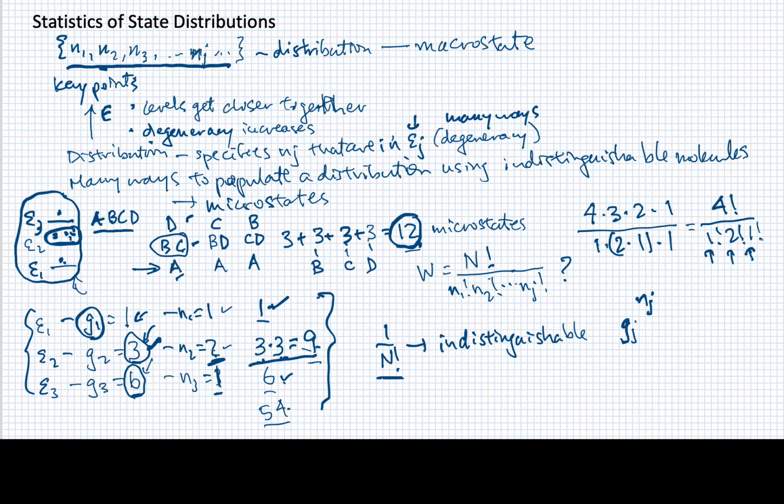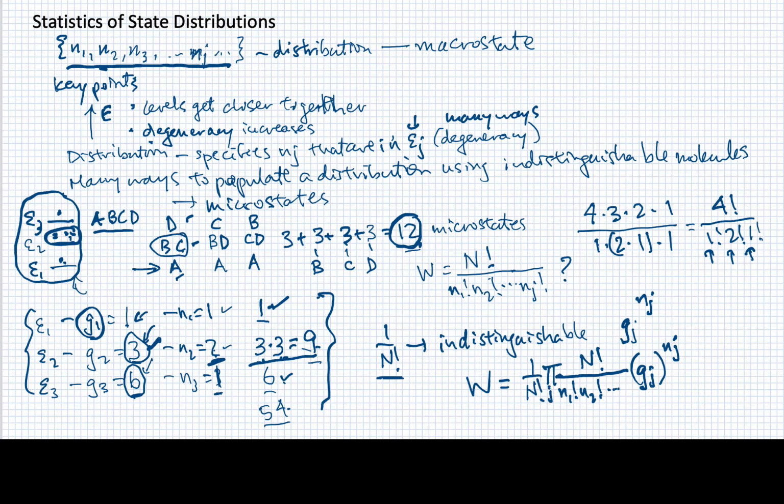So in fact, my total number of microstates at any given point is going to be, I'm going to correct for indistinguishability here, and it's going to be now my n factorial over n1 factorial, n2 factorial, and so forth. And it's going to be times the degeneracy of each of these levels raised to the power of the number of molecules in it. So in fact, I've got to multiply by all of these, so I really should have a product sign in here telling me that I'm taking the product over this.